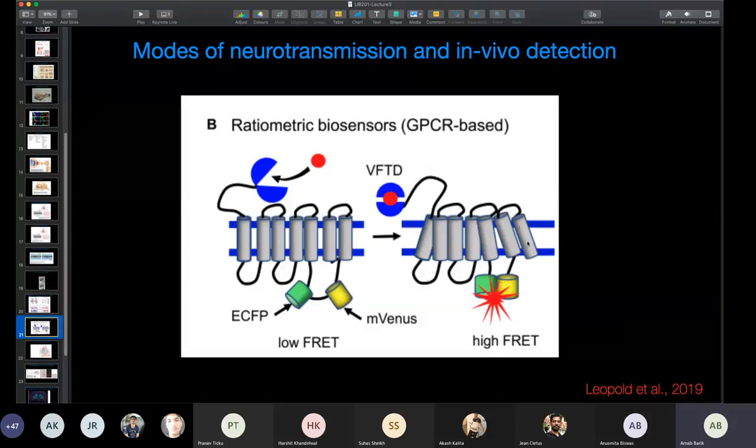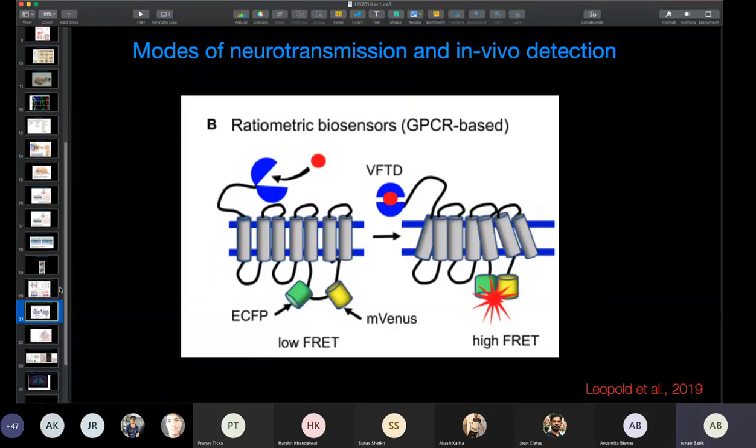It's called ratiometric imaging because you are calculating the fluorescent level and then making a ratio of it, and that's the readout. Using this ratiometric imaging, you can use specific biosensors to detect, say, substance P versus another neuropeptide when it's released and how it's released.